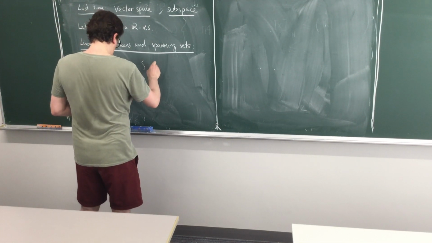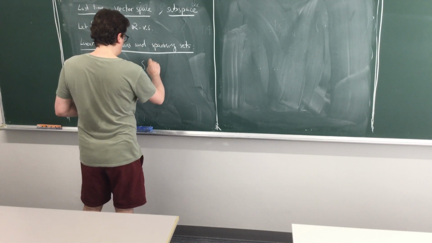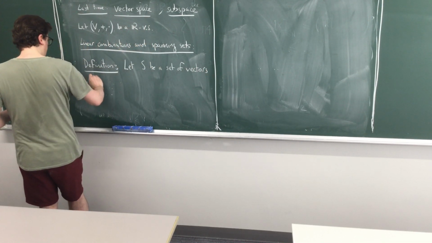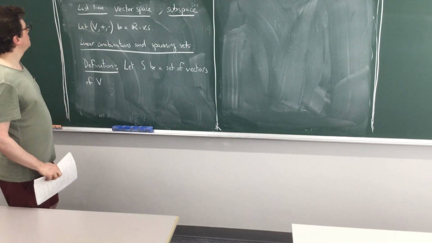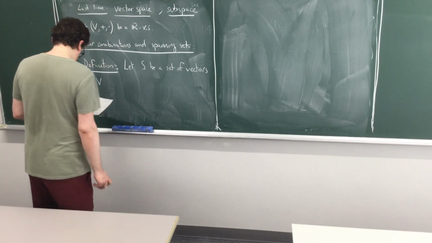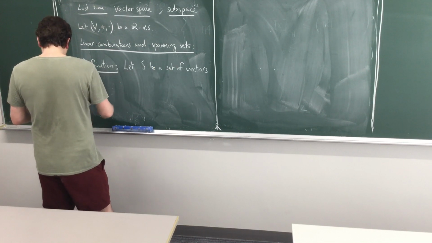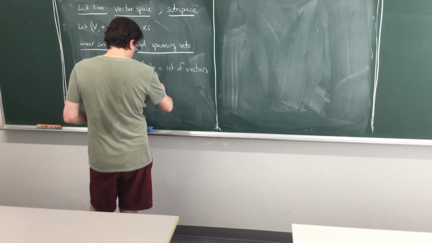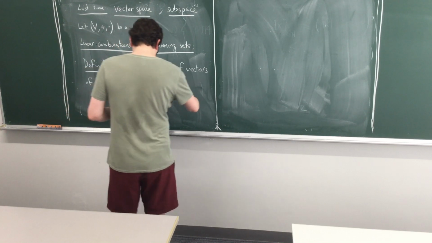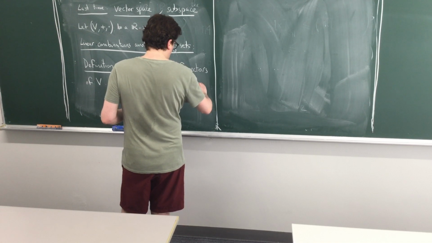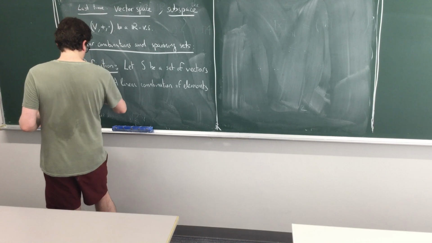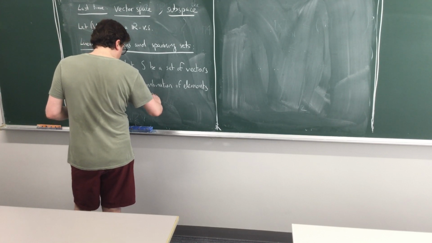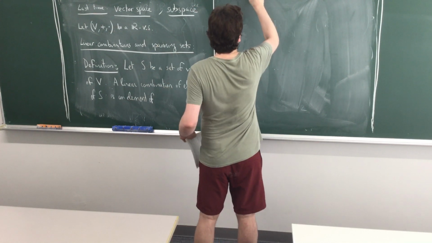I fix here for this section a vector space V, an R vector space with plus and scalar multiplication, and I take a set S of vectors of V. Then a linear combination of elements of S is an element of what I will denote by this.